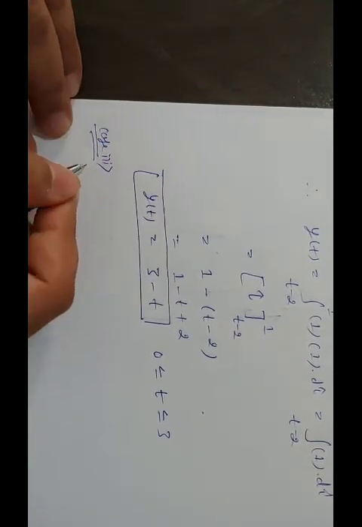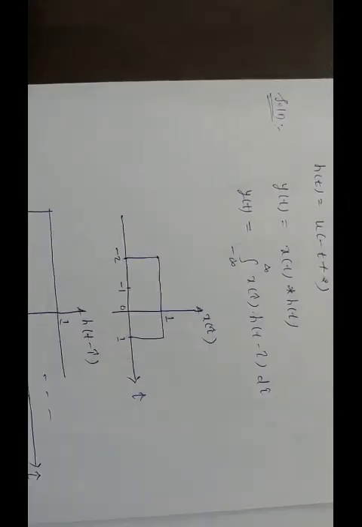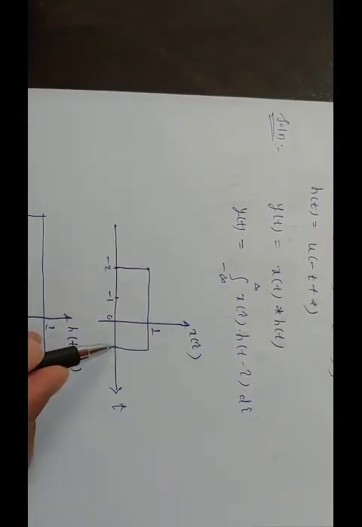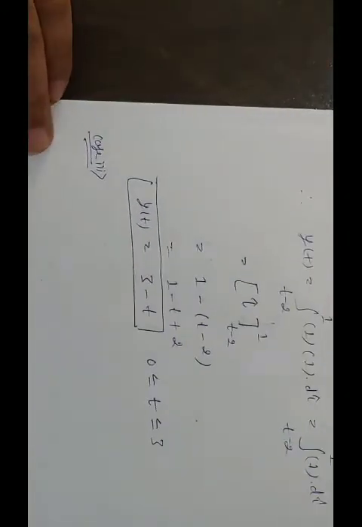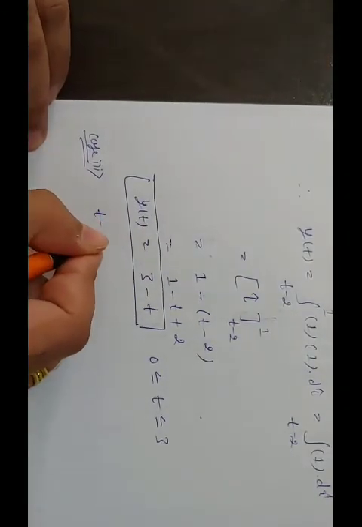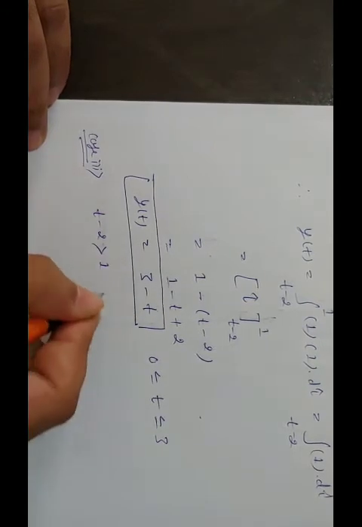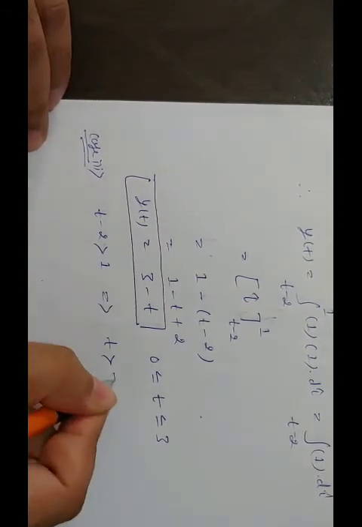Now case number 3. I have restricted t minus 2 to be less than or equal to 1. Now I will take it greater than 1. That means t minus 2 greater than 1, which implies t greater than 3. So there is no overlap.